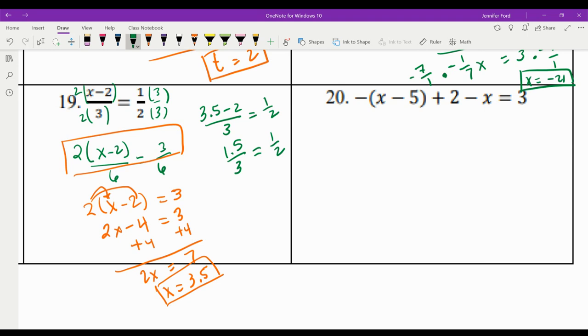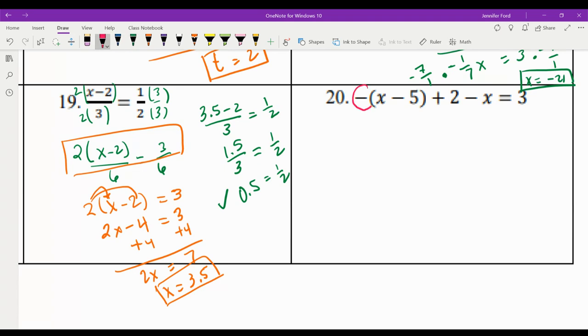That is true because I know that 1.5 is half of 3. You could divide these down. 1.5 divided by 3, if you did it on a calculator, you get 0.5. That's the same thing as 1/2. I was not expecting a decimal answer there, so I went through and checked it. All right, last one.